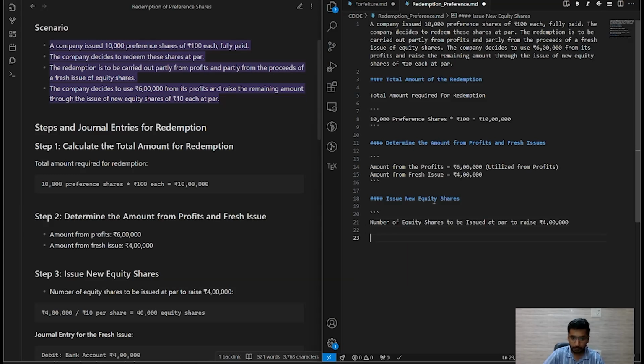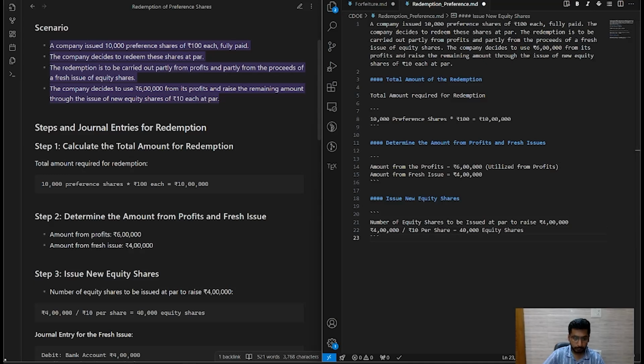That means rupees 4 lakhs divided by rupees 10 per share. Why? Because we need to make the equity shares at the denomination of rupees 10.